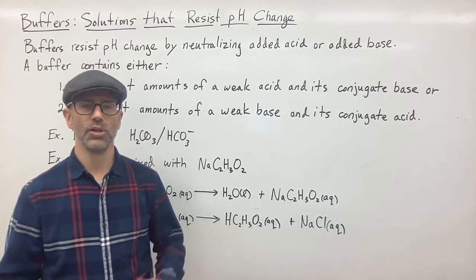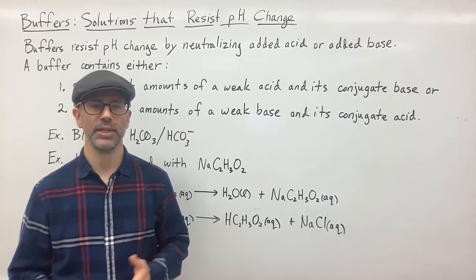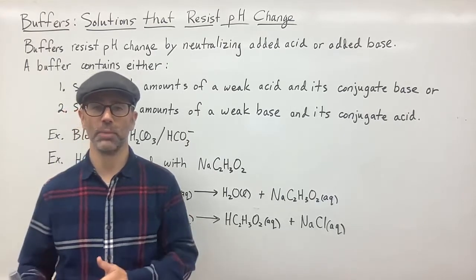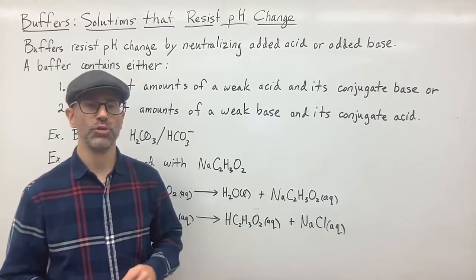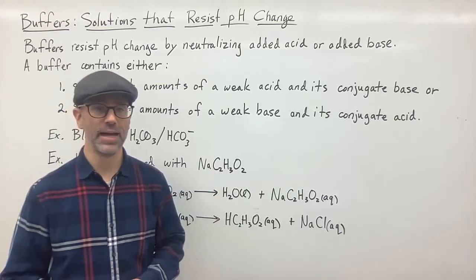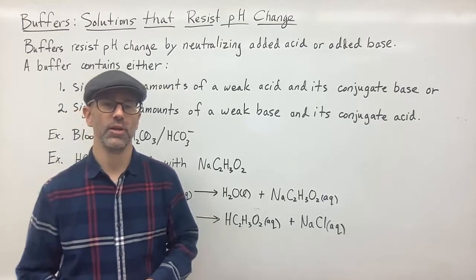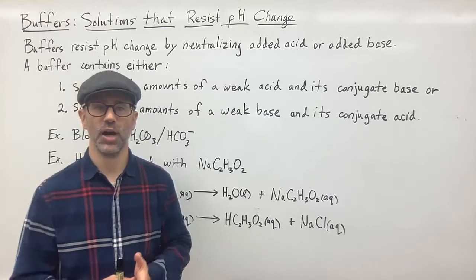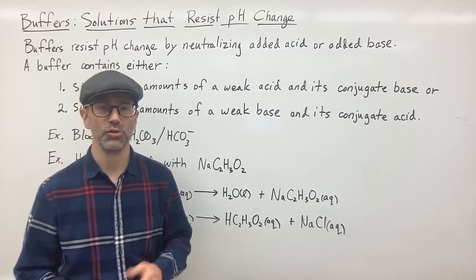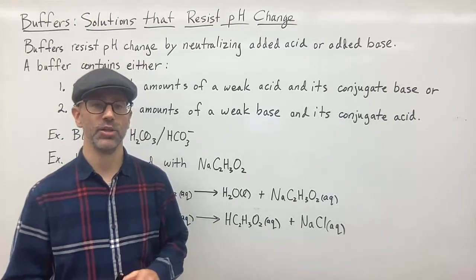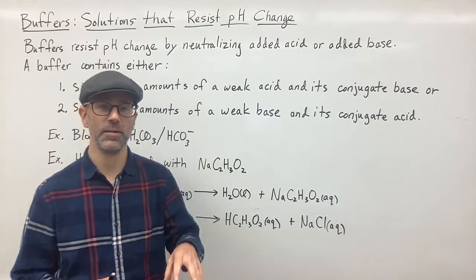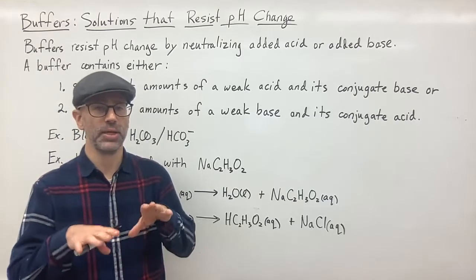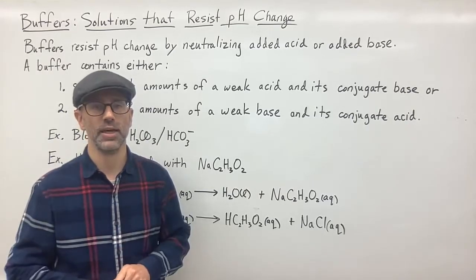So buffers are solutions that resist pH change. Normally, if you just have a weak acid or a weak base in solution and you dump in some acid or some base, it's not going to overcome that pH change. There'll be a great pH change in the solution. The thing about buffers is that if you add in an acid or a base, it's going to neutralize that acid or base and keep the pH relatively the same.